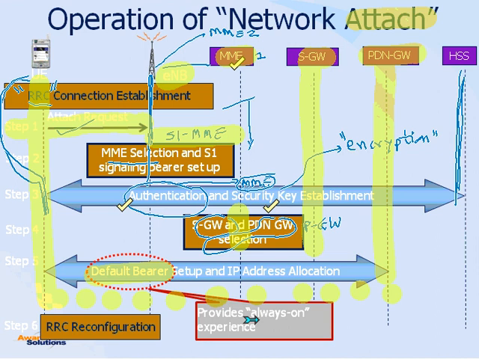Also, it is possible for us to allocate the IP address to the user during the attach operation itself. And specifically, PGW allocates IP address to the user equipment. The final step is for the network to send attach accept message.